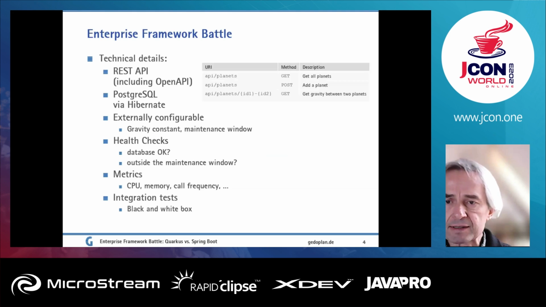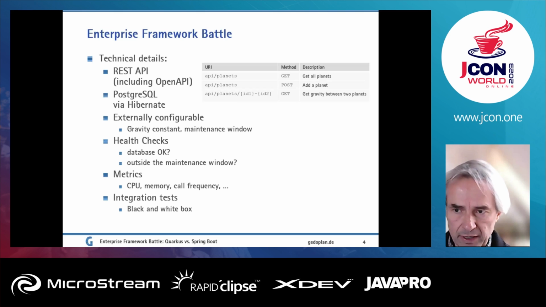And technical details, what did we want to have in the application? It should have some boundary for the user, so we chose a REST API, maybe including OpenAPI. The URIs are shown on the right, three simple endpoints for retrieving all planets from the database, or adding planets, or getting the computed gravity between two planets.